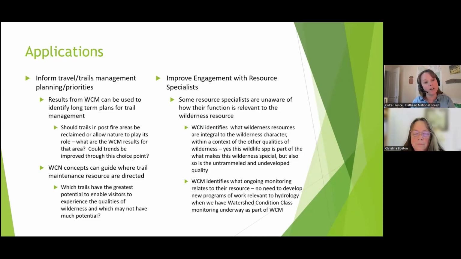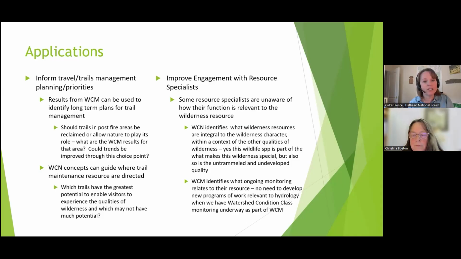So they can learn about their resource in the context of the dynamic wilderness environment. But also the wilderness character monitoring baseline identifies the ongoing monitoring that relates to their resource. There's maybe not a need to develop a new monitoring protocol or a new method that accounts for their resource. This is a local example to me.